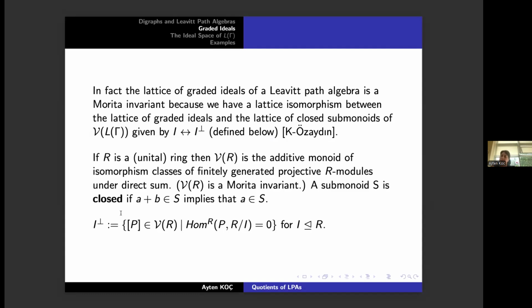V of R is Morita invariant as an ordered monoid, or preordered, with the algebraic order. Yes, that's right. So this is a different outlook on the same property, because you use a different lattice.